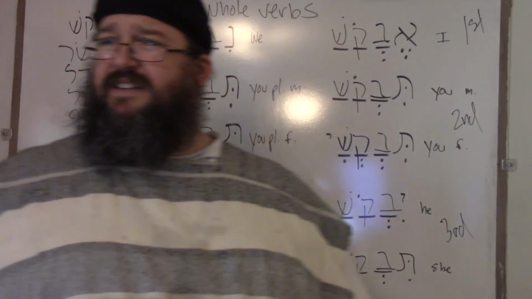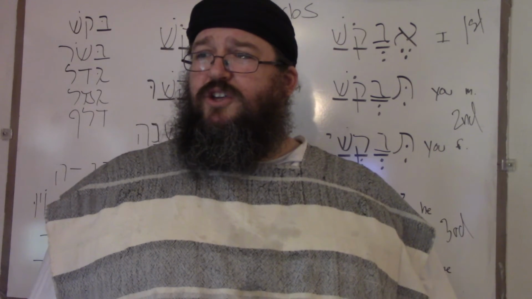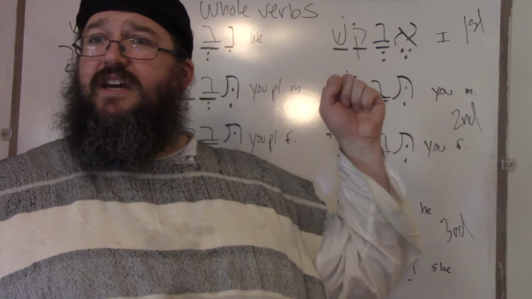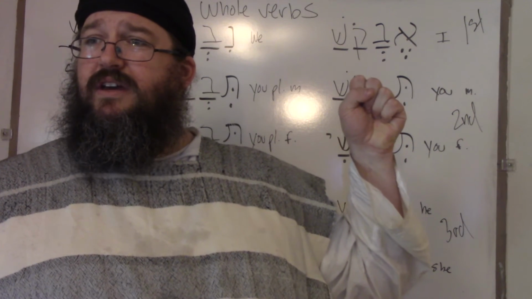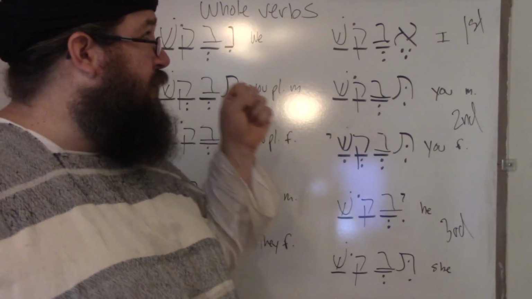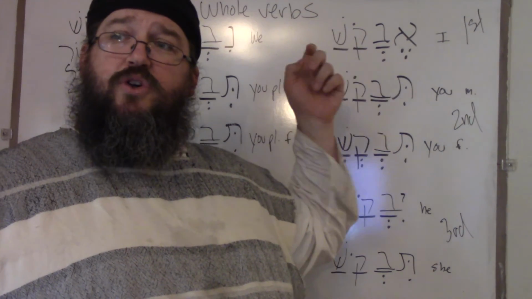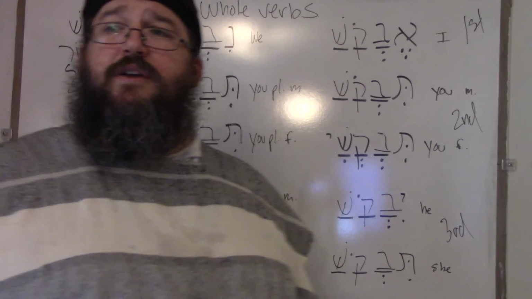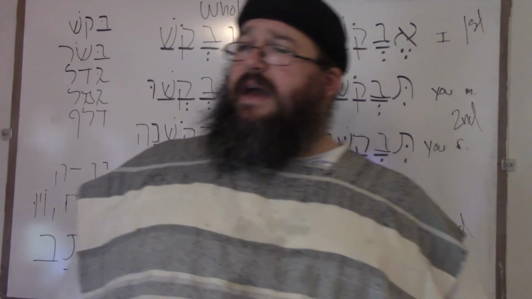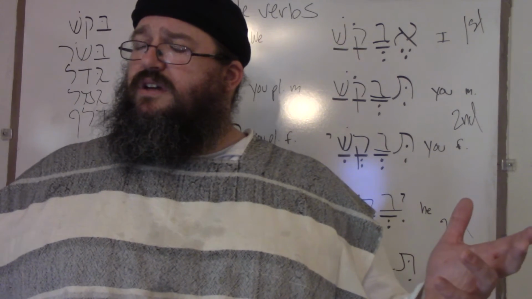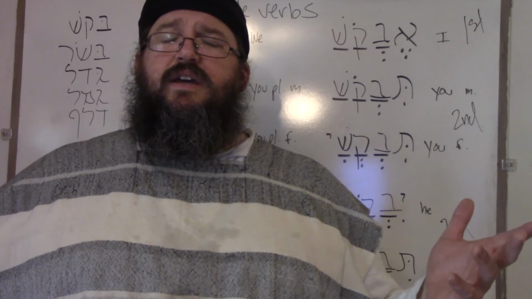Do you see how complex Hebrew can become? You have the word bakash, which means to seek, as a root, and you have the first person, which you could say, evkosh, I will seek. But if I want to make it a statement of possibility, you could literally say, evkosh.